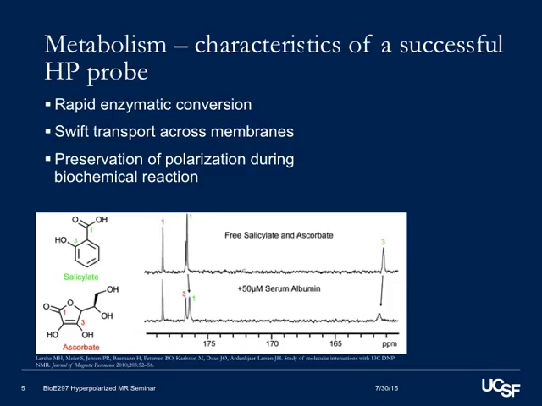As you can see, the green labels 1 and 3 arising from the salicylic acid have specific resonances. But when you have a serum albumin present with this hyperpolarized salicylic acid, the signal from the salicylic acid goes away. Again, it's the rotational correlation time that changes and wipes out the T1 or your hyperpolarized signal.